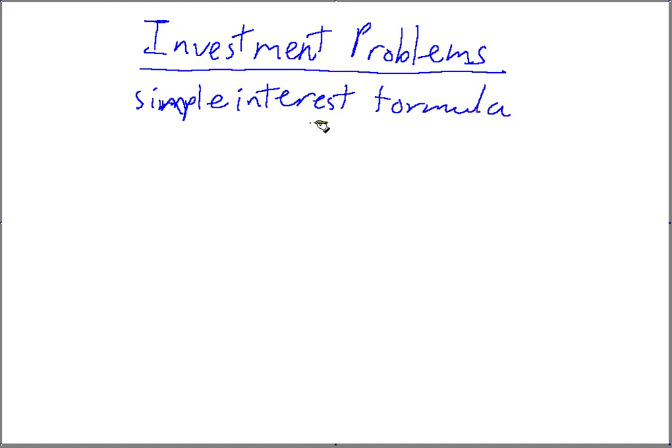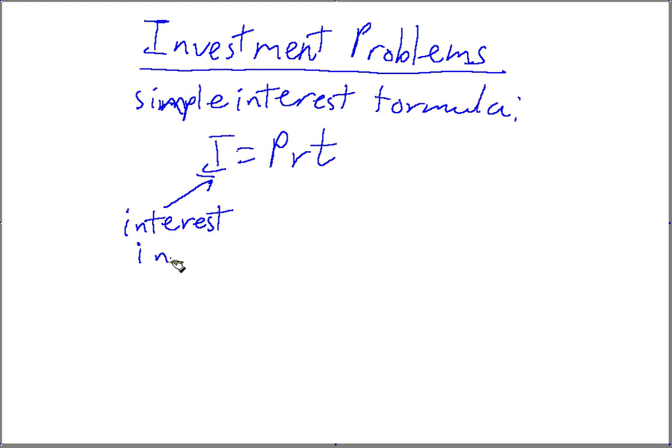Right. So the simple interest formula is just going to be the interest I equal to the principal P times the rate, interest rate that is, R, times the time of the investment, T. So again, I stands for interest, or the interest you're going to get in an account. So let's call it interest income or interest earned.